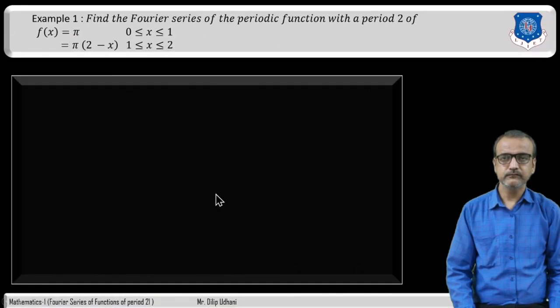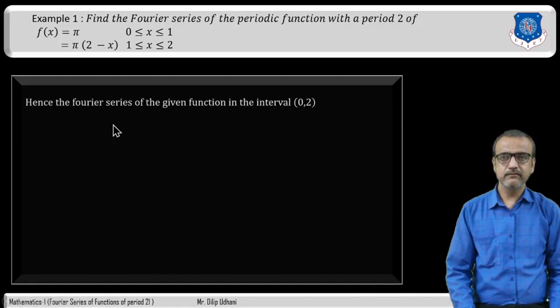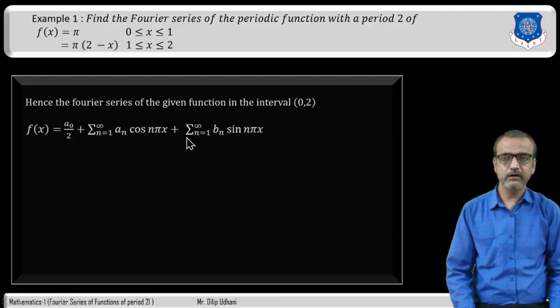Hence the Fourier series of the function in the interval 0 to 2, that is f of x equals a0 by 2 plus sigma n is from 1 to infinity an cos n pi x plus sigma n is from 1 to infinity bn sin n pi x.